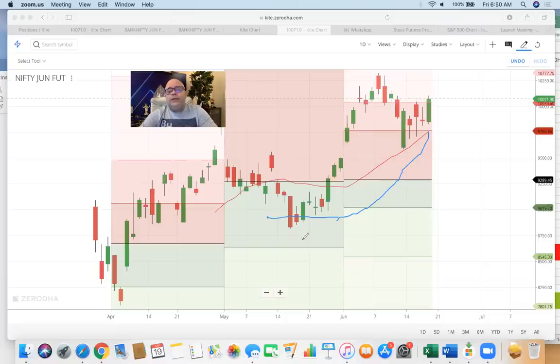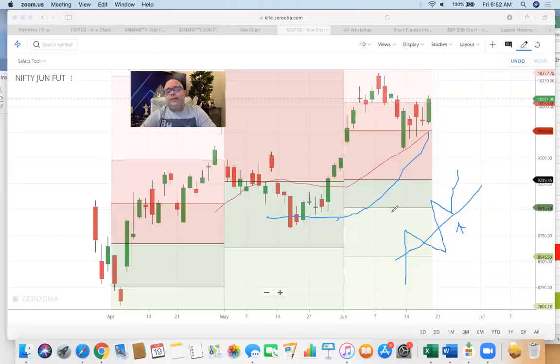Okay. Now the principle of this 20-day moving average is that if the price is moving above and below this 20 DMA, and at some point it starts to hold the 20 DMA here, then chances are it will start to move up strongly.